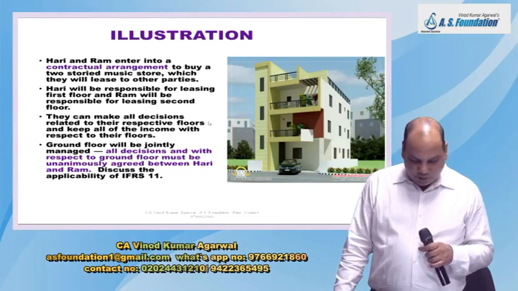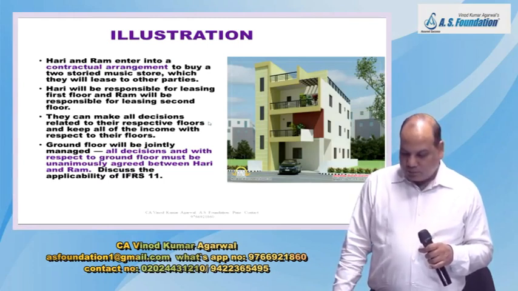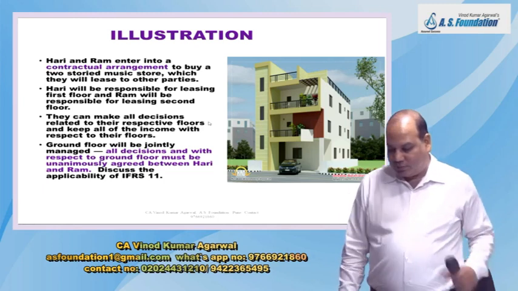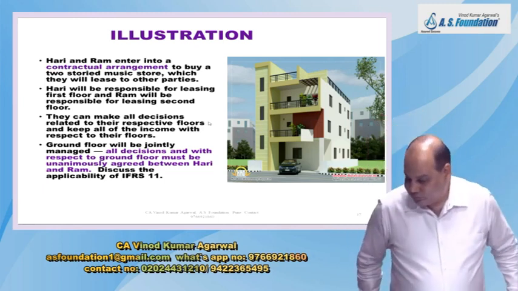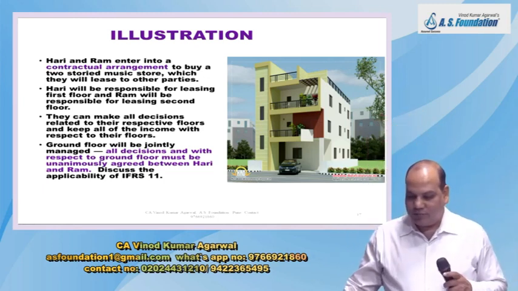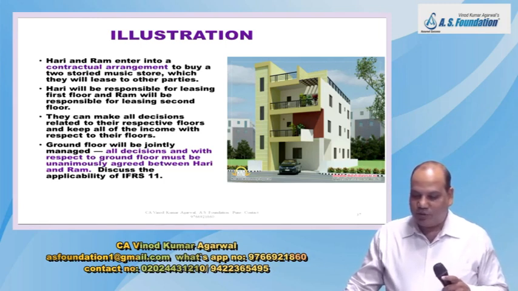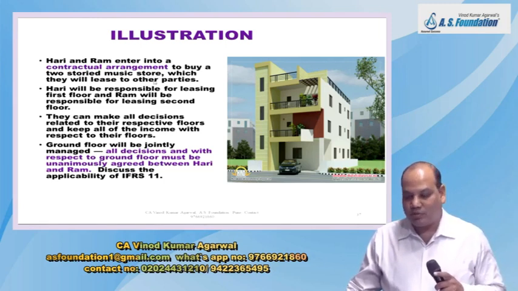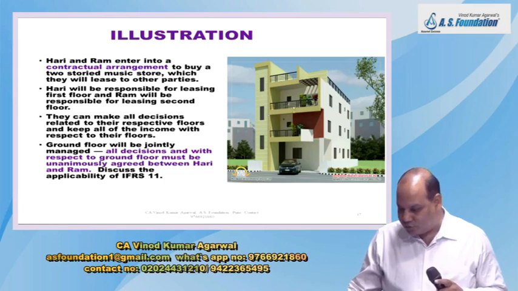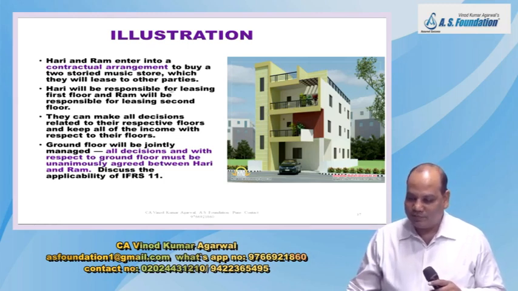Next, question number 8. Below that, Hari and Ram enter into a contractual arrangement to buy a 2-storied music store. Okay, can you see 2-storied music store? 1, 2, which they will lease to other parties.